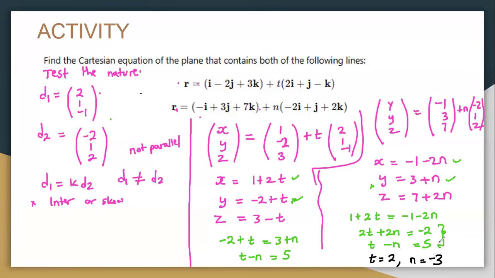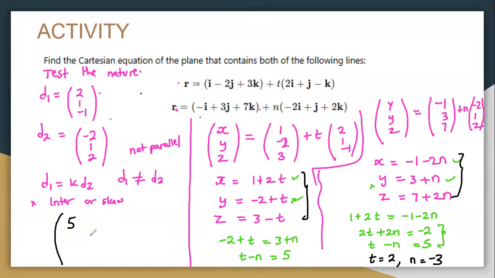Then the next thing you have to do is substitute them and find out when I substitute them here and here, are they consistent points? That is the next thing to prove whether they are intersecting or not. So when I substitute 2, I get 1 plus 2 times 2, which is 5. Hope members are getting that.